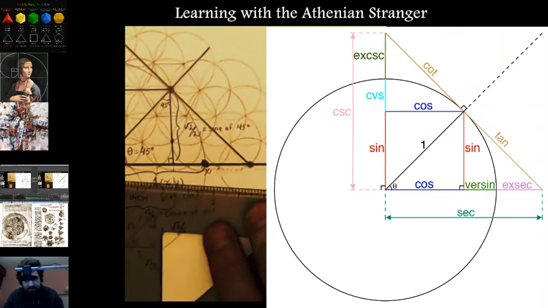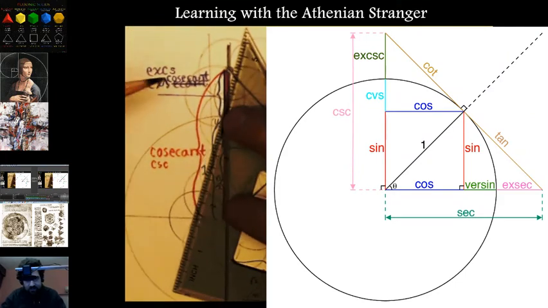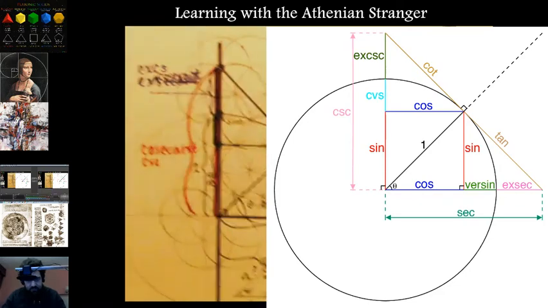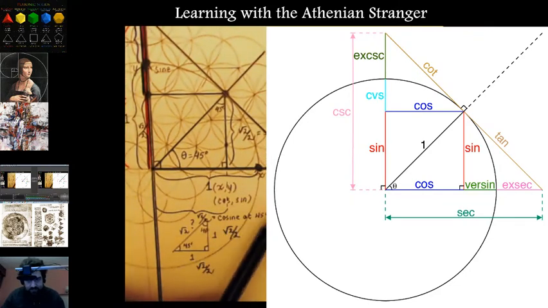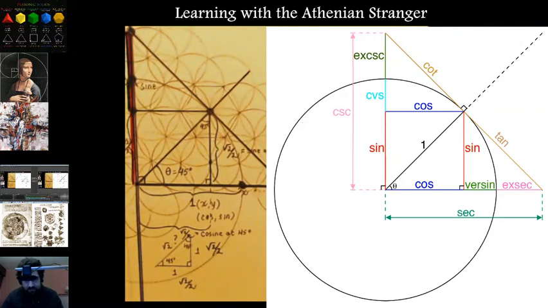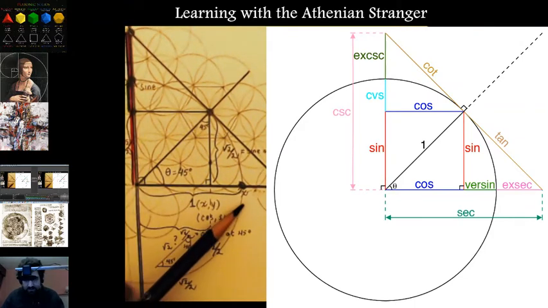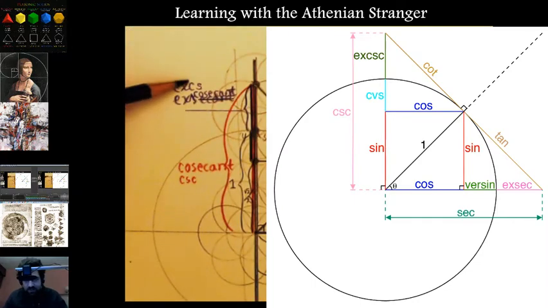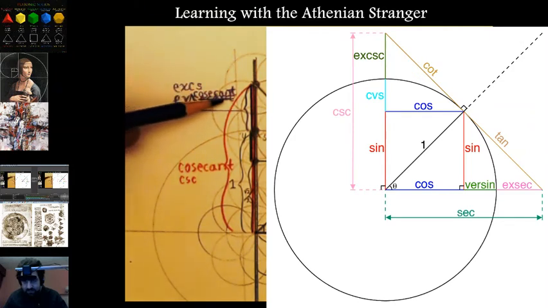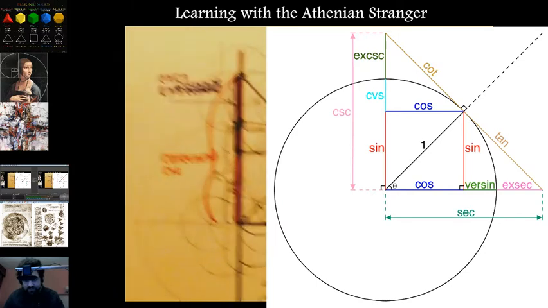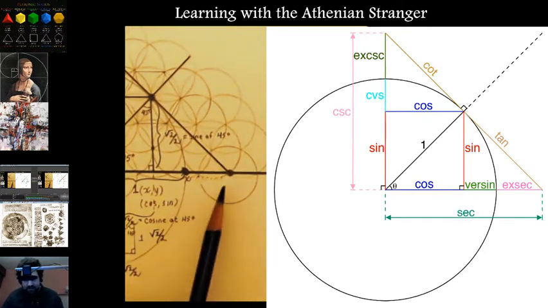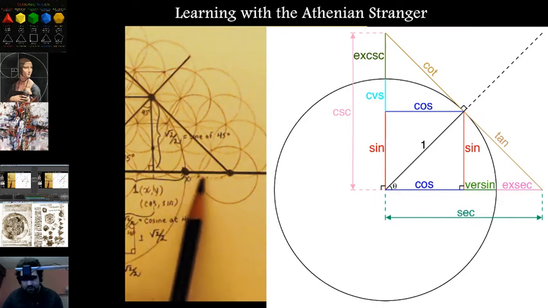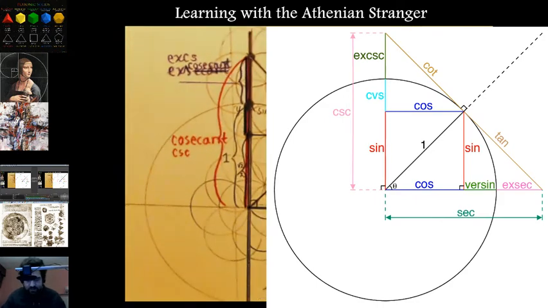And this is the x cosecant, which if you look at the graph, they're the same distance, but one refers to the sine aspect because it's the vertical. The x cosecant is the vertical aspect of the distance, and the x secant is the corresponding horizontal aspect. But we'll label that in a moment.